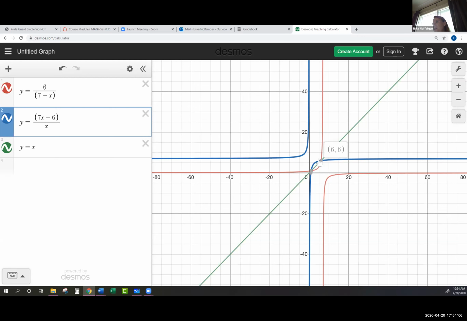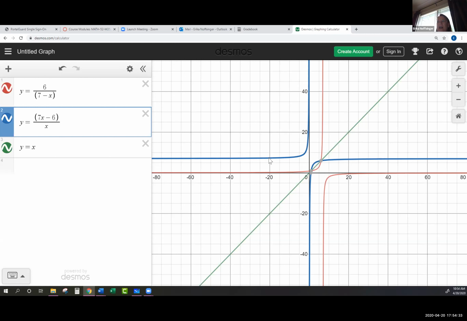And so, mirror image. If you folded your paper along that green line, y equals x, it should be a mirror image of one another. So kind of look at this blue and this red line right here. If we folded it, that would lay on top of each other. Same thing over here, this mirror image across here. Again, any point that we choose on one function, then swapping the x and y value has to be on the other function.